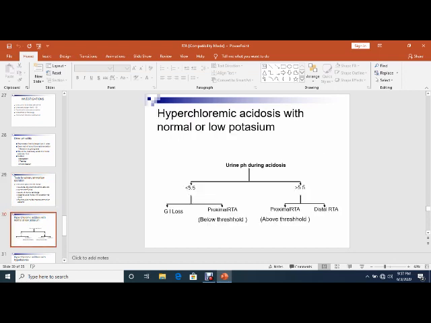So, hyperchloremic acidosis with normal or low potassium. Urine pH during acidosis is important. If it is less than 5.5, either GI loss or proximal renal tubular acidosis. In proximal RTA or DRTA, pH may be 5.5.